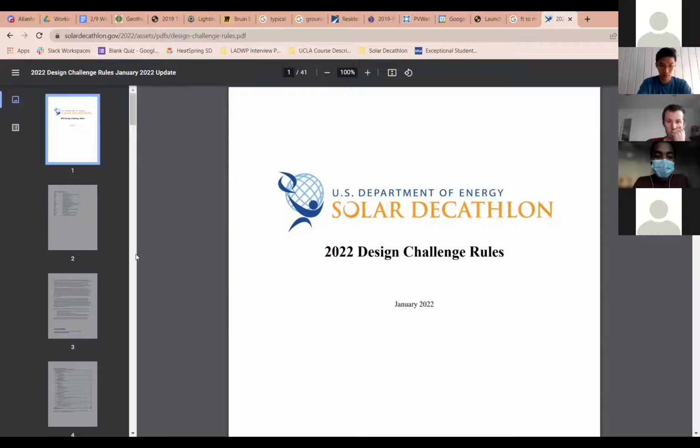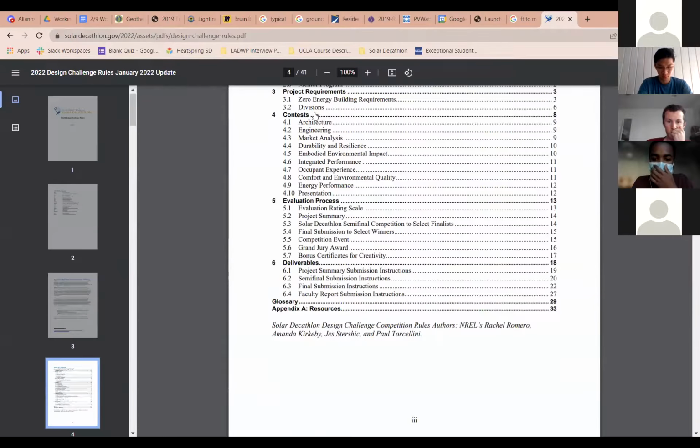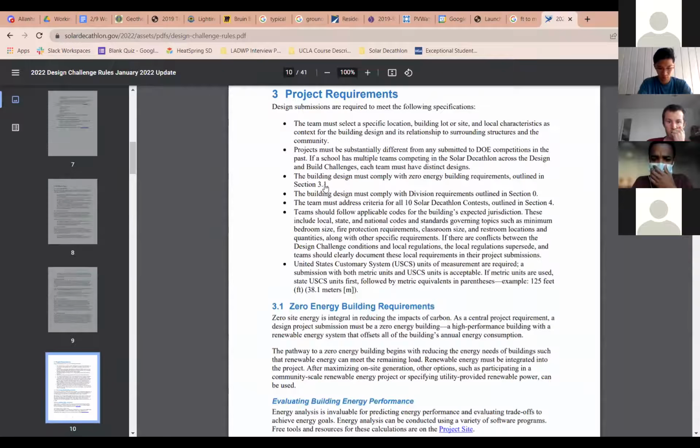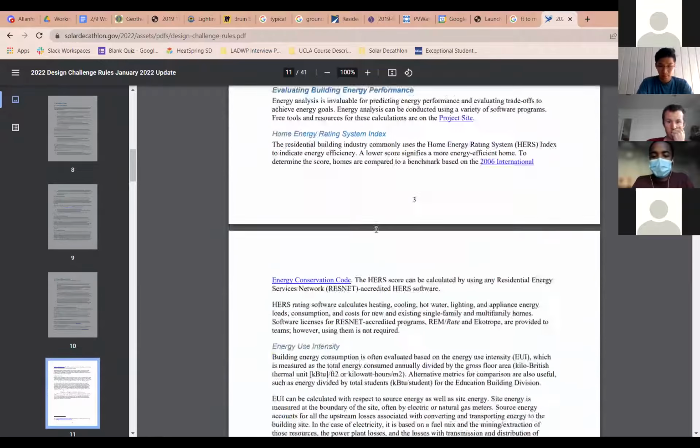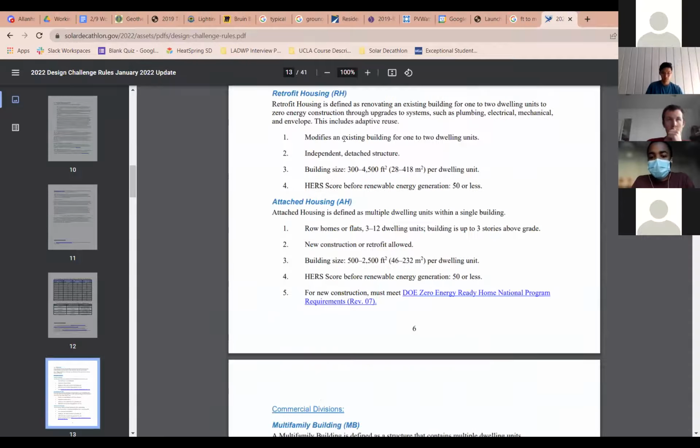If you go to the Solar Decathlon project requirements, under divisions for our attached housing, there's a link to the Department of Energy Zero Energy Ready Home National Program, right?